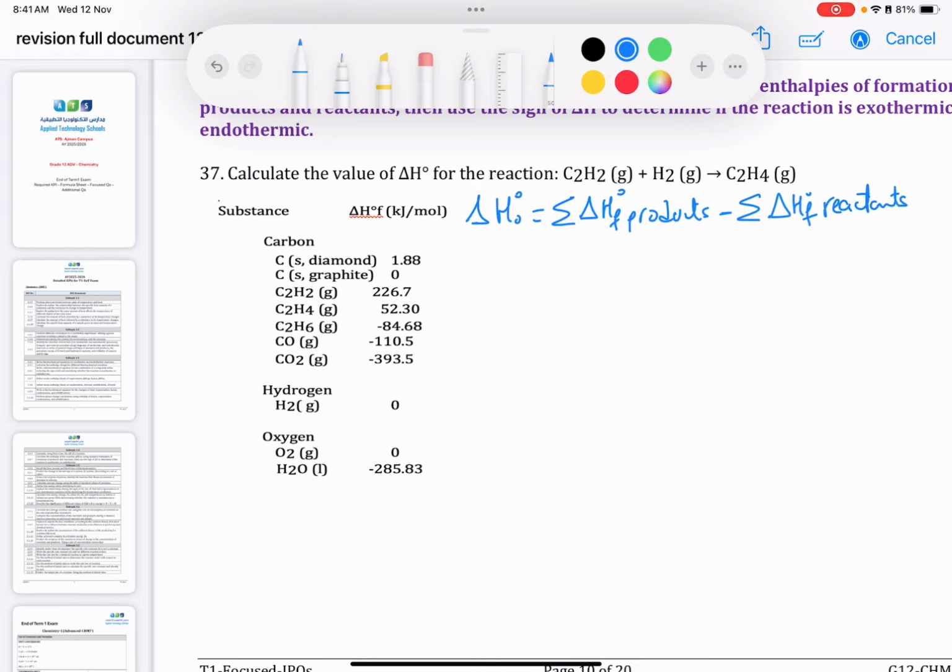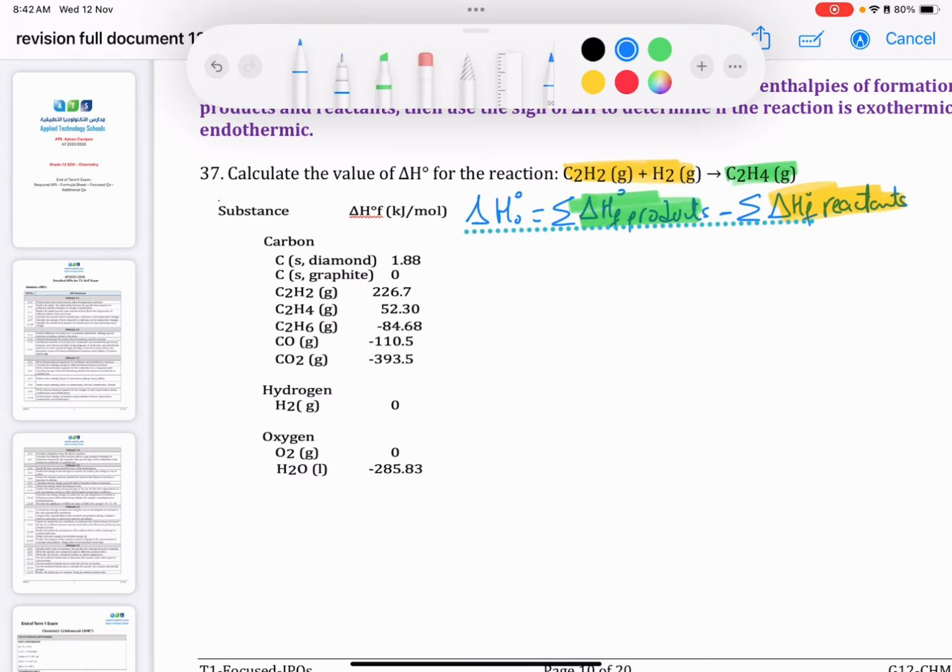You can also check on my channel. I have a separate video for applying this formula. Now, when you read an equation, my advice to you, highlight the reactants with a color and then highlight the products with a different color so that you know what you're doing.